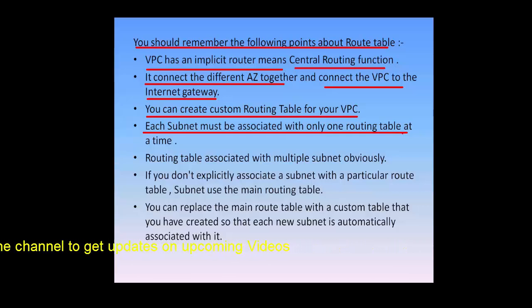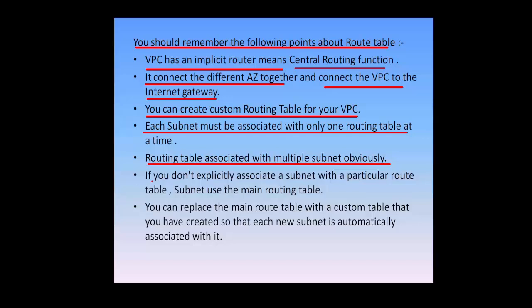There can be multiple routing tables, one default and the others custom. Keep in mind, a subnet can be associated with one routing table, but a routing table can be associated with multiple subnets, because a routing table is a collection or database of routes.